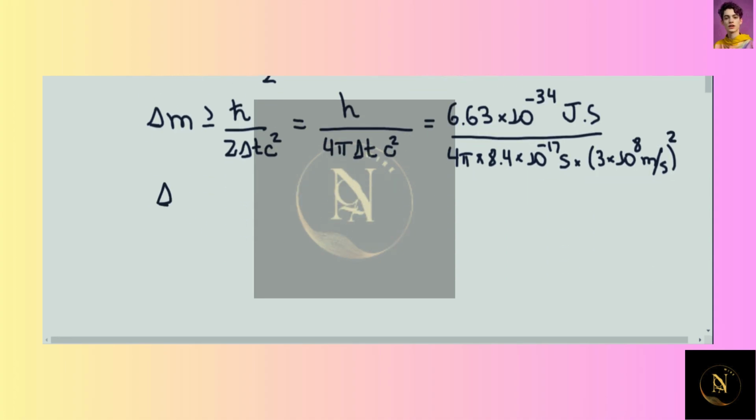So delta m is greater or equal than 6.98 times 10 to the minus 36 kilograms. So if we assume minimum uncertainty, we get that the uncertainty in the mass is 6.98 times 10 to the minus 36 kilograms.